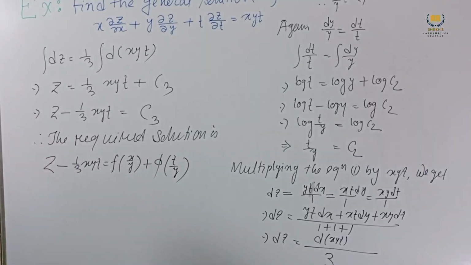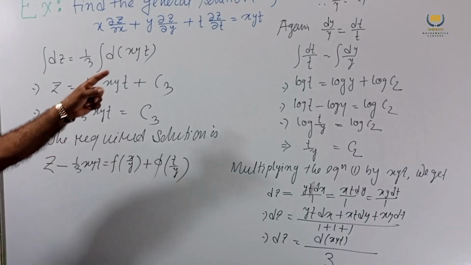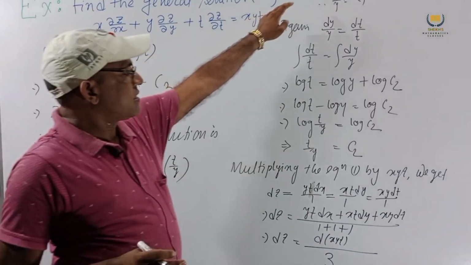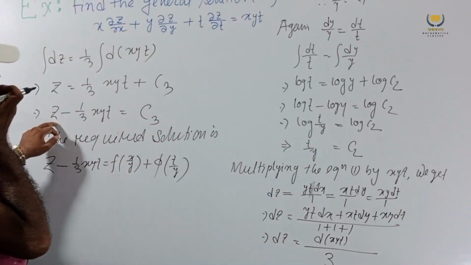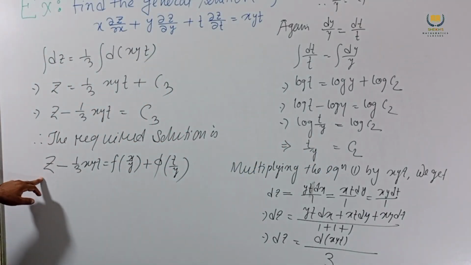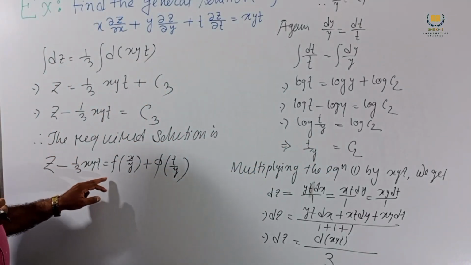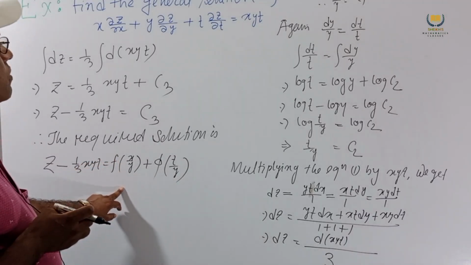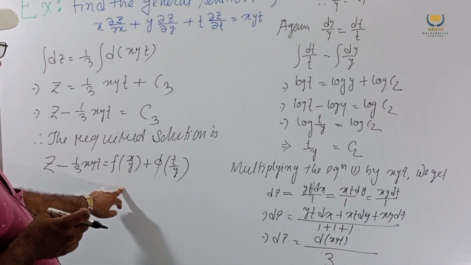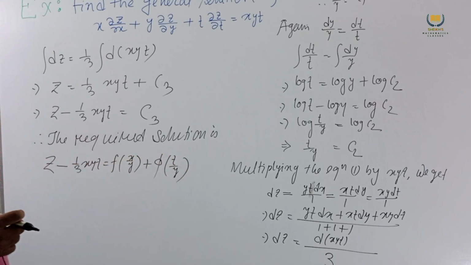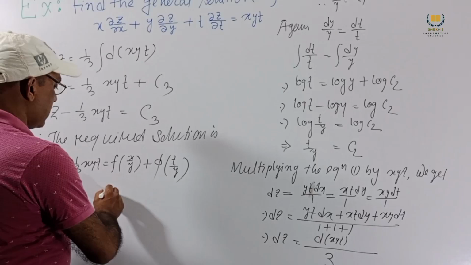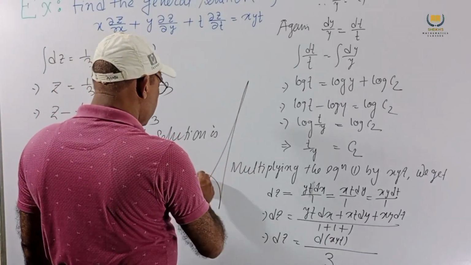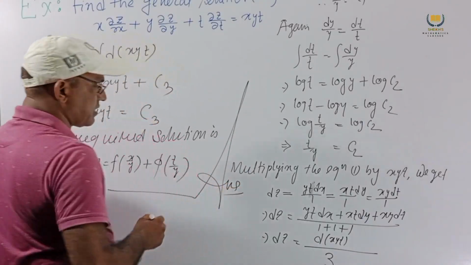So we express it in this way: we have three equations, this equation, this equation and this equation. So this will be z minus 1 by 3 xyt equals f of x by y and this is t by y. This is the final solution of the given equation.